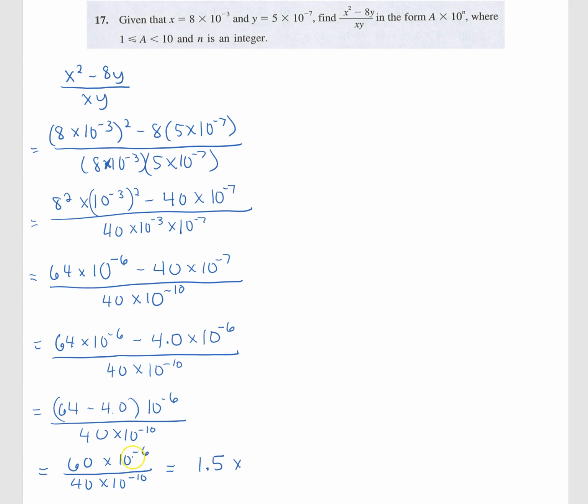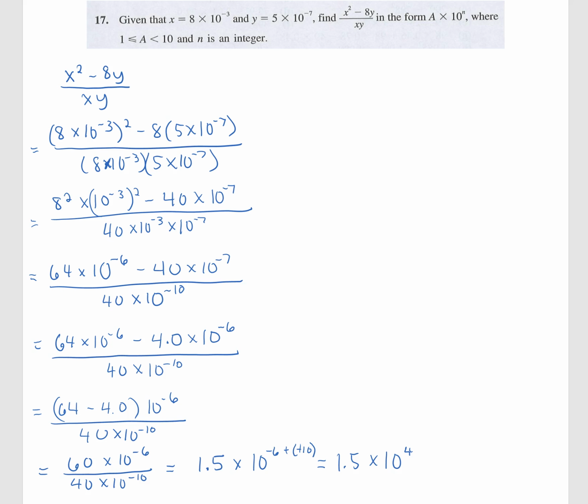And with these terms, we have the same base here, and we're dividing. So that means that we subtract the exponent. So this is going to be 10 to the power of negative 6 minus negative 10. And so that equals 1.5 times 10 to the power of, it's going to be a plus a positive 10, so 10 to the power of 4.